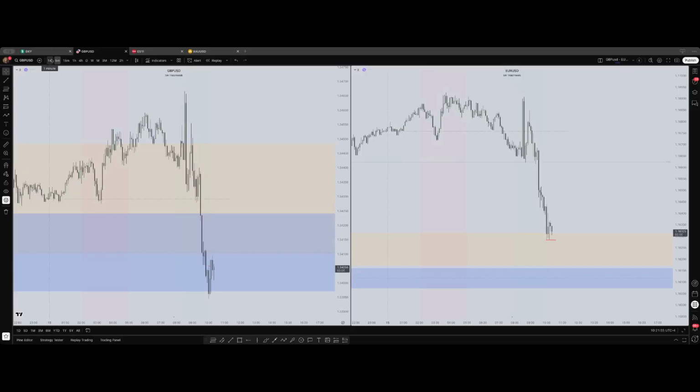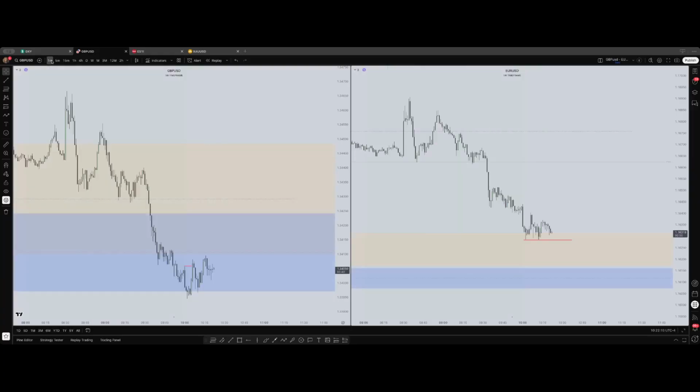I would prefer to see this kind of market structure shift in 5 minutes. 5 minutes is more trustworthy to me. 1 minute is okay, but it should be in a very good situation and at a very good level to trust that 1 minute chart.